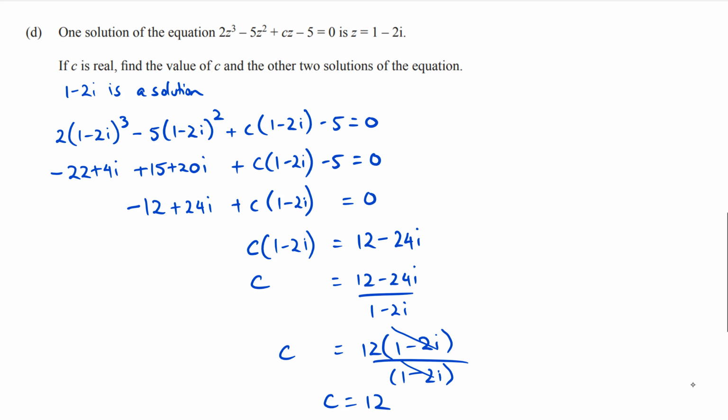So I've done the first part of this question where I've figured out what c is. Now remember, with the solutions, if 1 minus 2i is a solution, then we could also say z equals 1 plus 2i is also a solution.